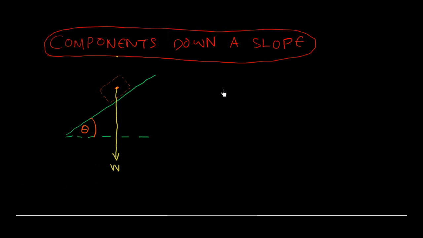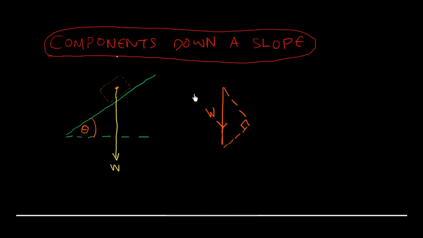Let me start again. Okay, it's a bit better. And so if this is one of our components, then this has to be at 90 degrees to that component, and this is my real weight going that way.